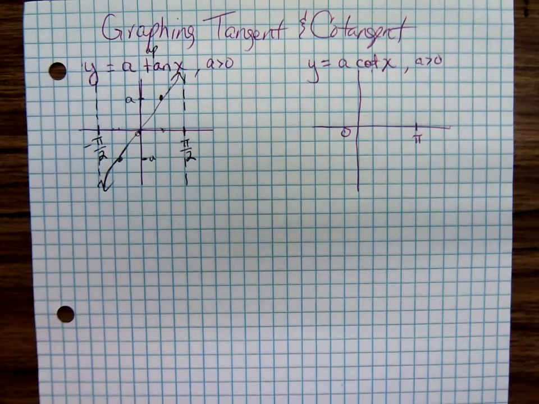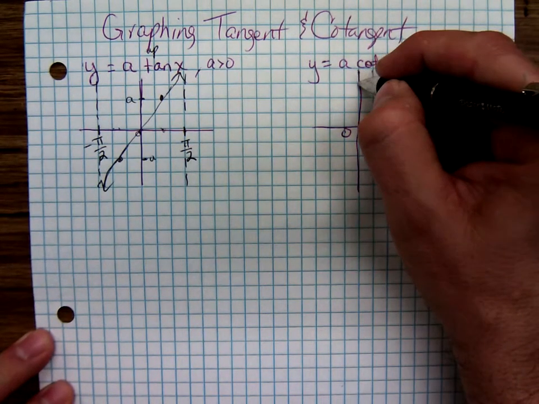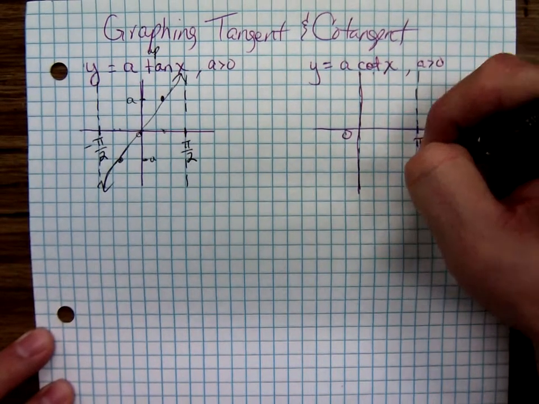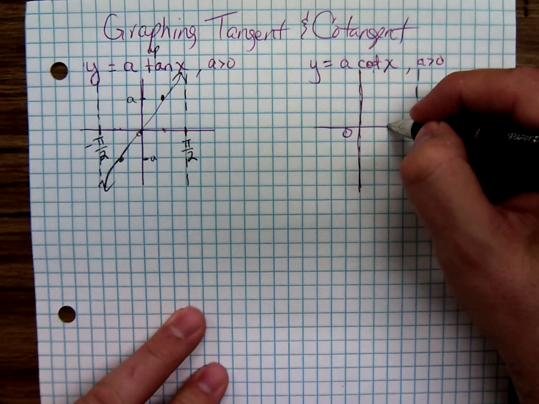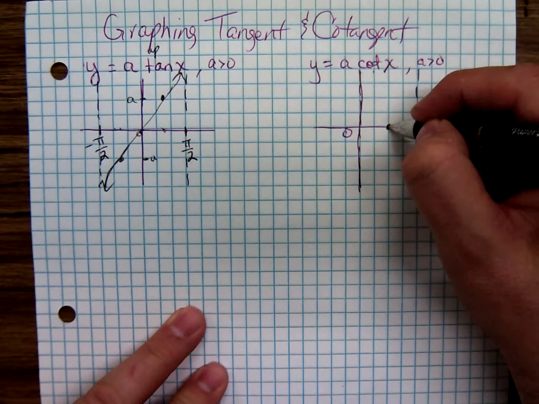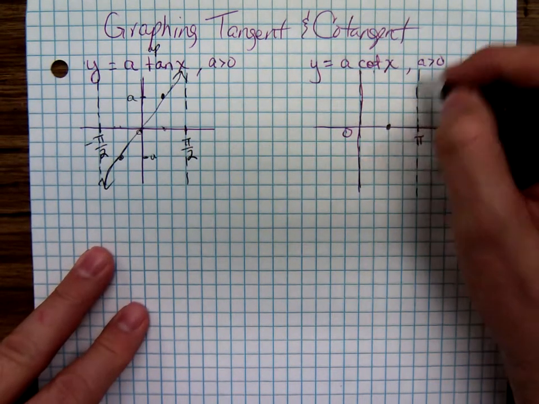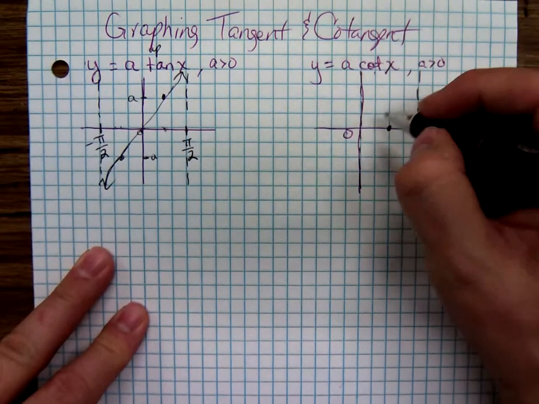If you look at the unit circle at pi, or 180 degrees, cotangent of 180 degrees would be negative 1 over 0, which is undefined. So we have vertical asymptotes here, and it's going to be crossing right in the middle here. And I think to myself, okay, now does it go up or down? It's going down.